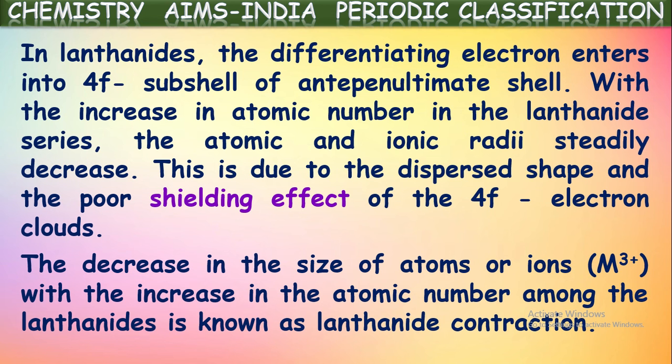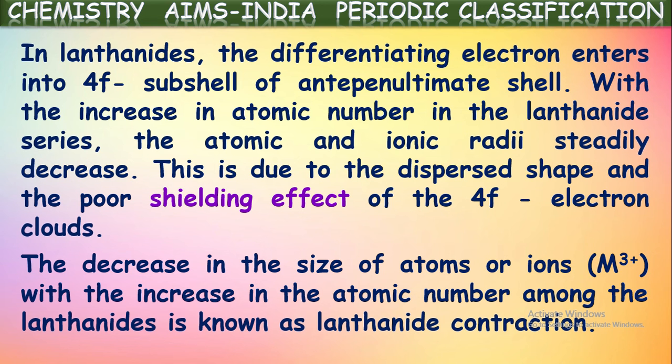With increase in the atomic number in the lanthanoid series, the atomic and ionic radii steadily decrease. This is due to the dispersed shape and the poor shielding effect of the 4f electron cloud. So what is happening in the lanthanides? The last electron or valence electron is entering the 4f subshell.